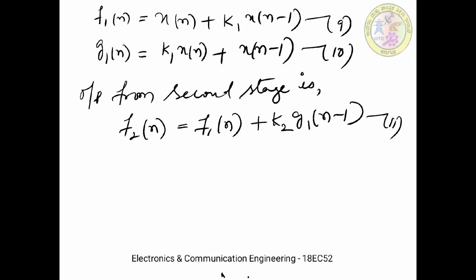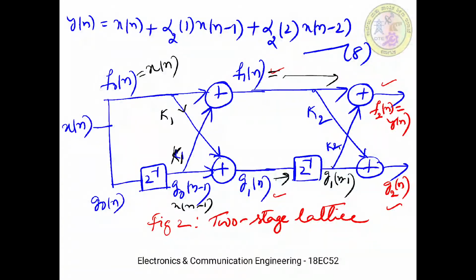Now similarly for the lower path, we have g2 of n. What is g2 again? It is also the sum only. It is the sum of k2 times f1 of n, as you can see here, and the other term, g1 of n minus 1.